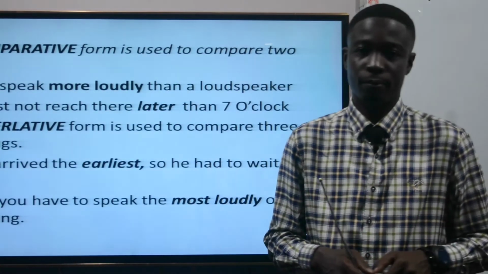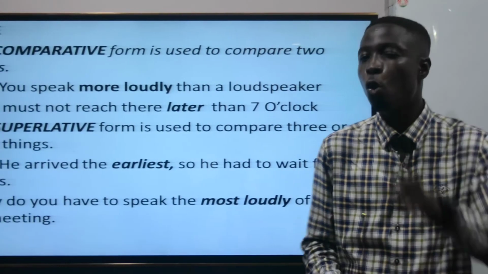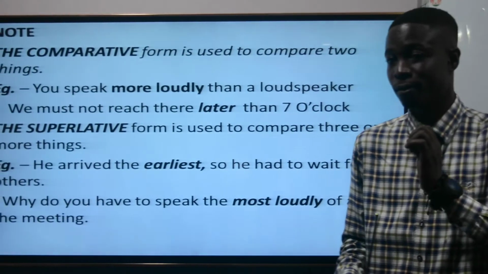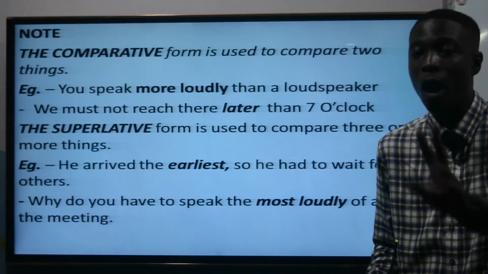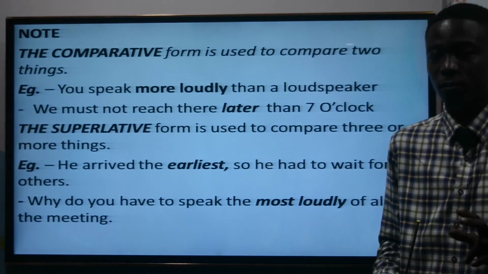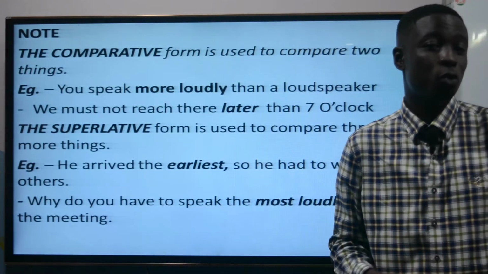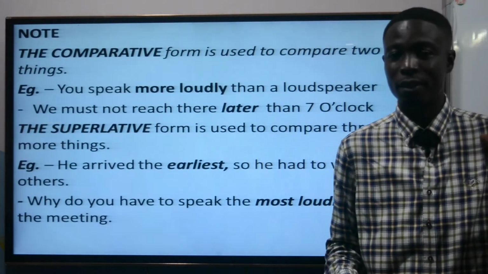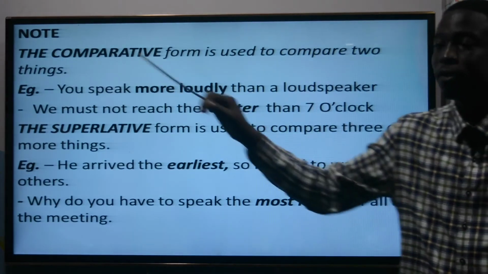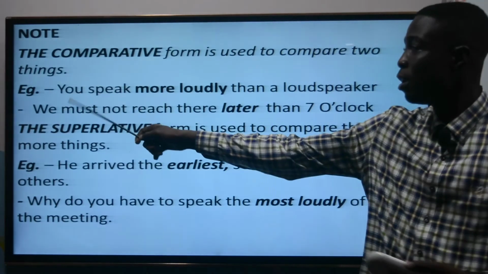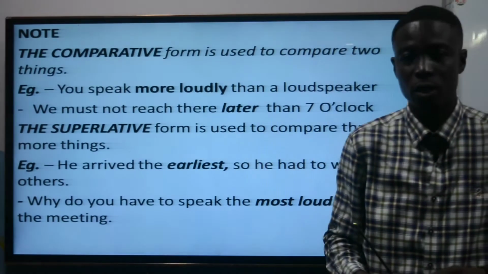Note this. The comparative form is used to compare only two things. The positive form is used to describe only one thing. Comparative, comparing two things. Example: you speak more loudly than a loudspeaker.